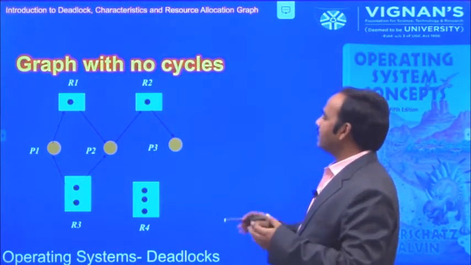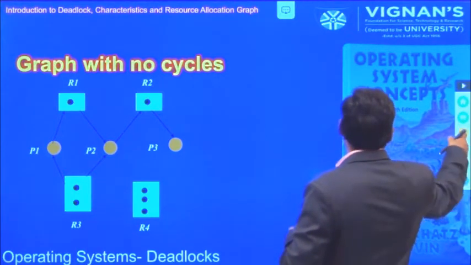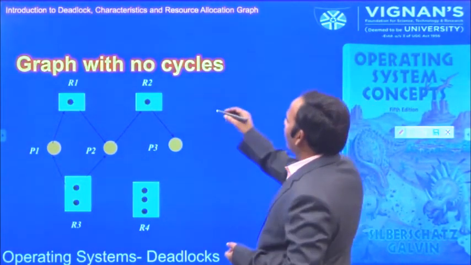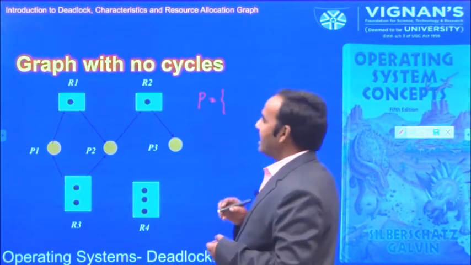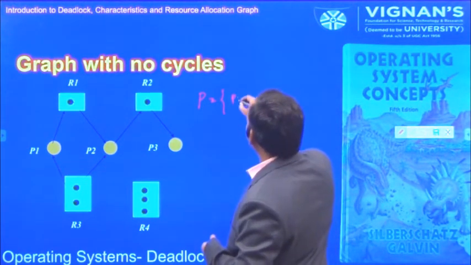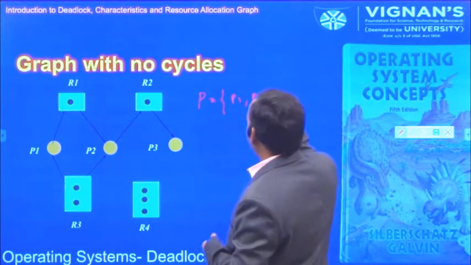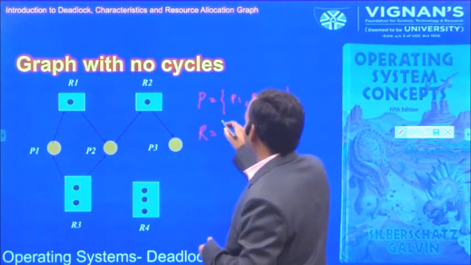Here, if you see in this graph, how many processes? Now, let me explain this graph. What is P here? P equal to P1, P2, and P3. And here, what is the set R?